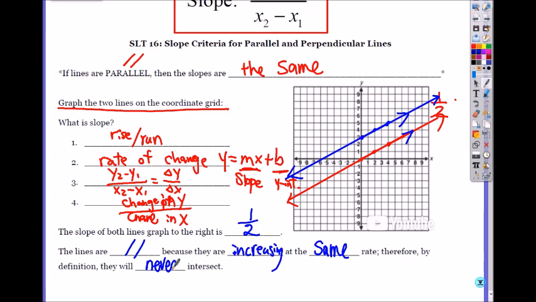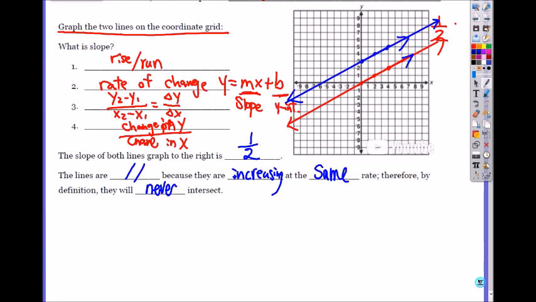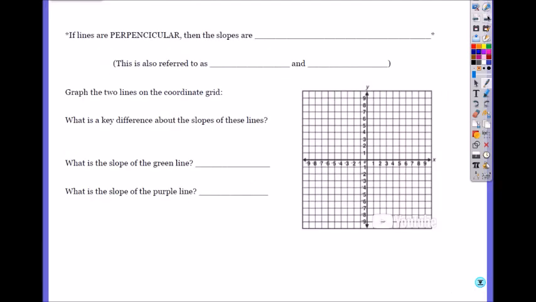All right, perpendicular. If lines are perpendicular, what does perpendicular mean? 90 degrees. Intersect at 90 degrees, and that's the symbol, like an upside down T for perpendicular. Then the slopes are opposite reciprocal.